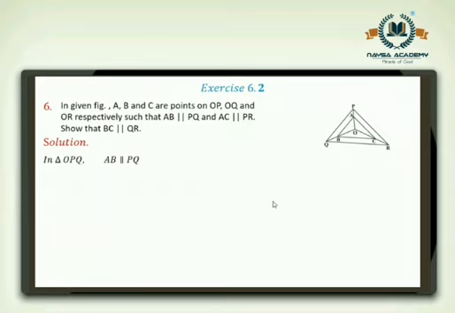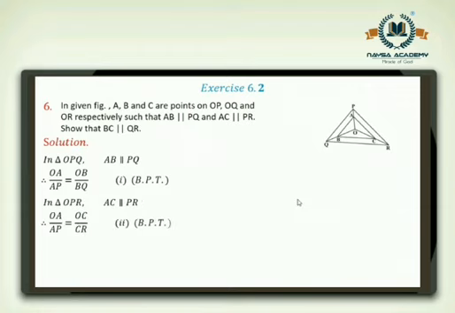So in triangle OPQ, by using BPT, I have OA upon AP equal to OB upon BQ. Similarly, in triangle OPR, by using basic proportionality theorem, I have OA upon AP equal to OC upon CR. Now again, if we look carefully this equation 1 and 2, we can say that OB upon BQ equal to OC upon CR.